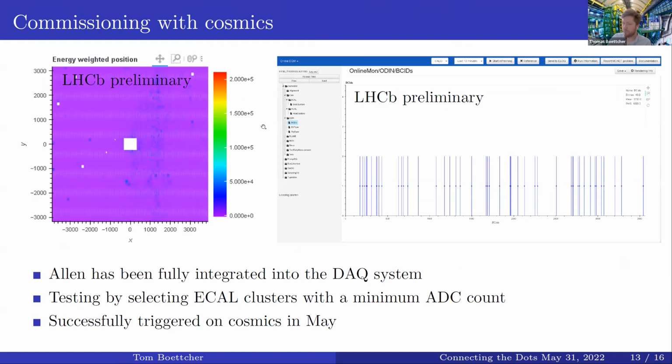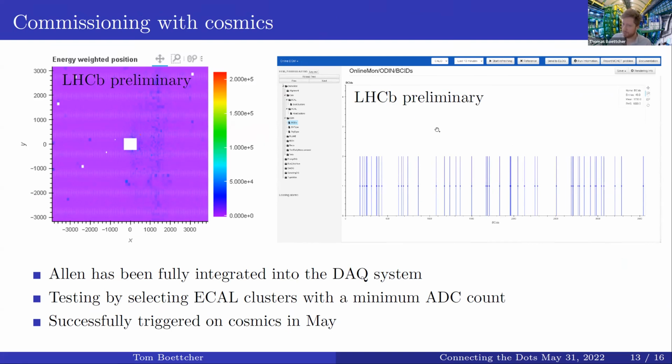So throughout May, Allen has been commissioning using Cosmics. So it's been fully integrated into the data acquisition system, and to start, we're just testing by selecting ECAL clusters with a minimum ADC count. So this is the heat map of the ECAL energy depositions on the left, and then this plot on the right shows the bunch crossing IDs we select.